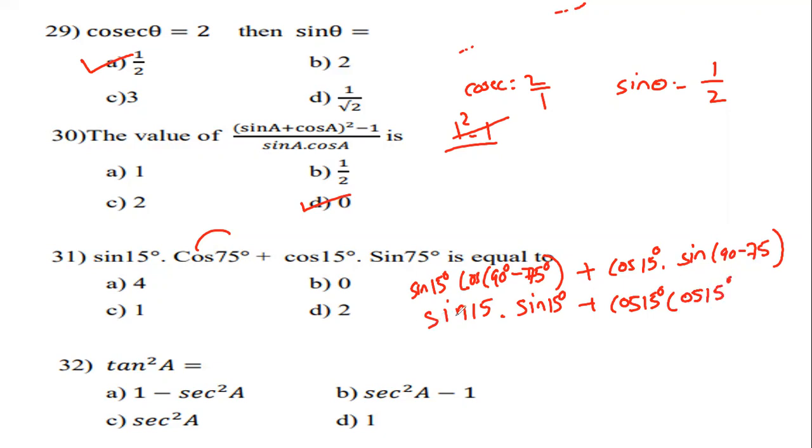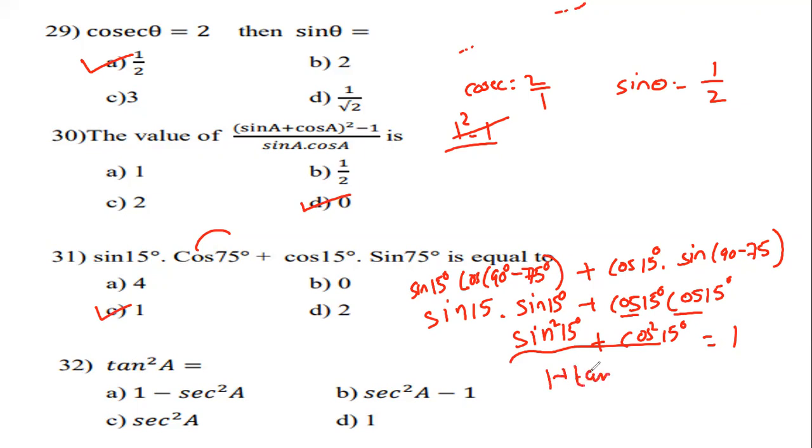Multiply: sin 15 into sin 15, sin square 15 degree, plus cos 15 into cos 15, cos square 15 degree. By trigonometric identities, this equals 1. So which option is right? Option C is correct.